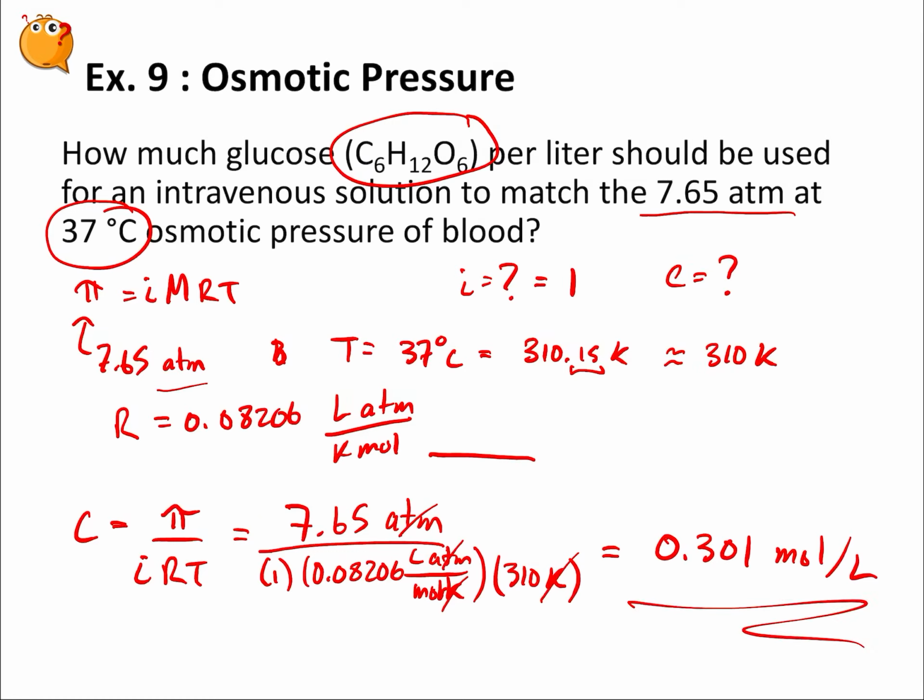That's the concentration of glucose, that many moles of glucose in each liter to have the same solute concentration, or osmotic pressure, which is what's often used for blood.